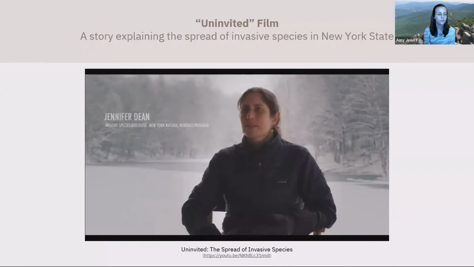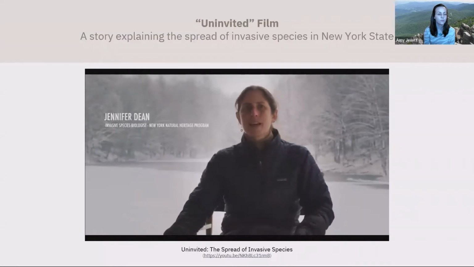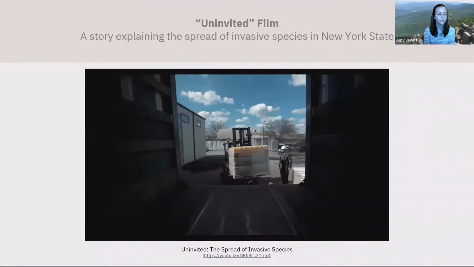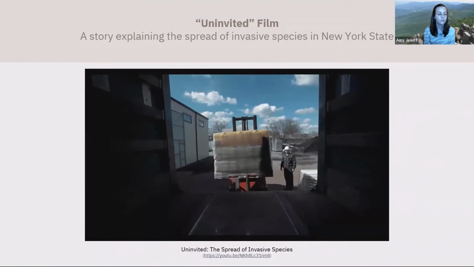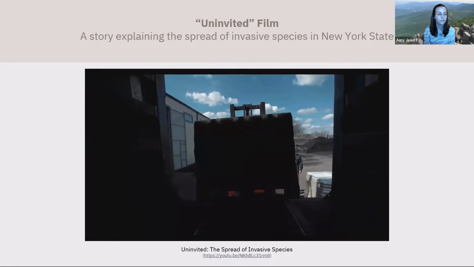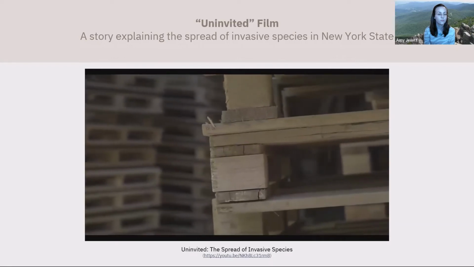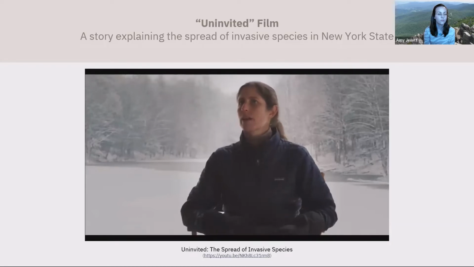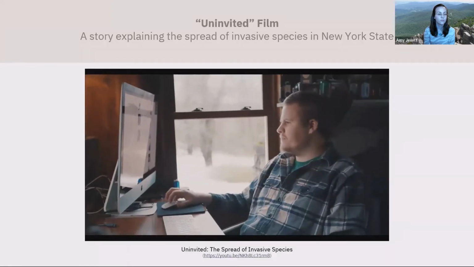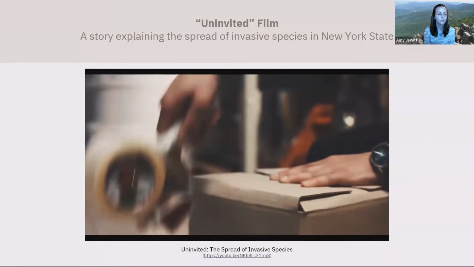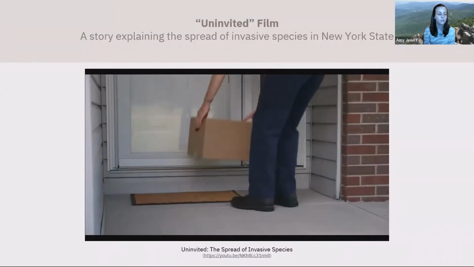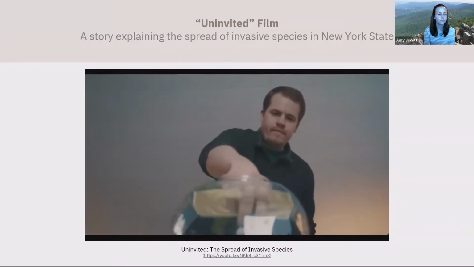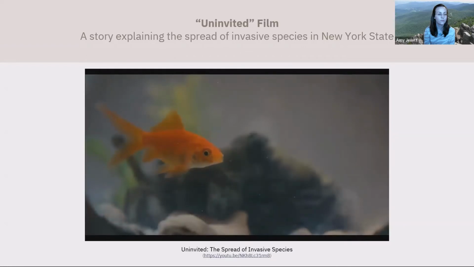So there's lots of different ways that invasive species can end up here. Of course, there's a lot of unintentional hitchhikers that maybe come over on a cargo ship or come over on the wooden pallets that are holding a lot of our goods. But there's also a lot of intentional introductions. We might order these in over the internet. You might want a new tropical fish or some interesting aquatic plants for your aquarium, for example.